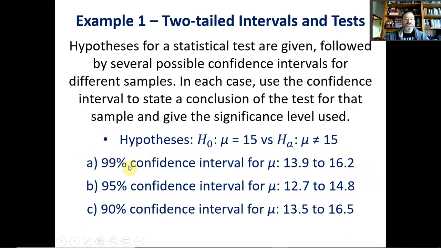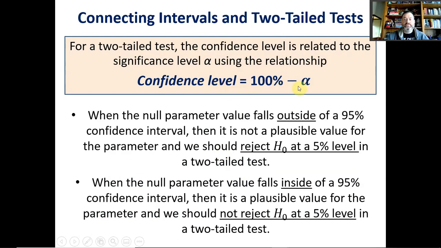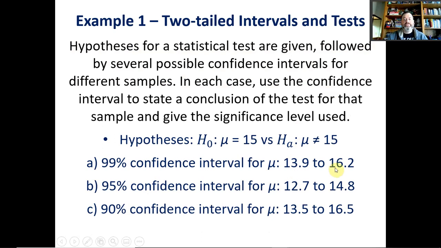The formula says it's 100% minus the confidence level, right? So we're trying to figure out what alpha is. Well, if our confidence level is 99%, 100 minus 99 is 1%. So alpha is 1% or 0.01 for this problem. So this would be, do not reject the null hypothesis at the 1% level.